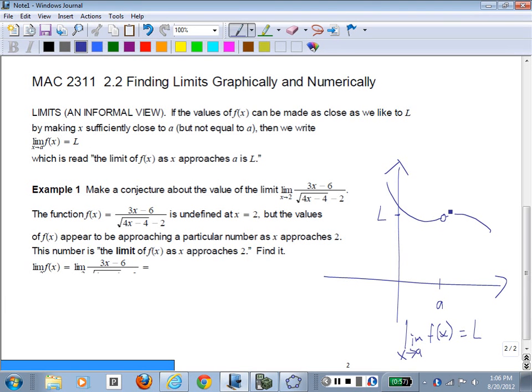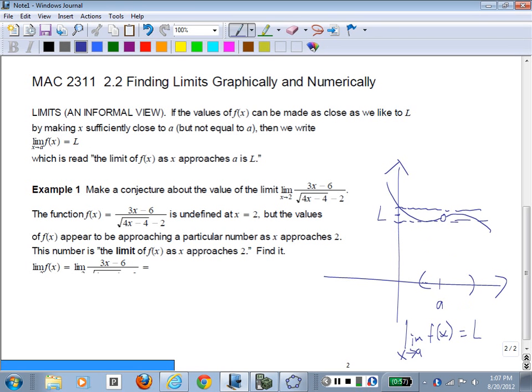This graph is kind of flat here, close to L that I've drawn. So if we wanted to ensure that we get no farther away from L than this, we don't have to be really close to a at all, because as long as x is between there and maybe all the way over there, if we evaluate the function anywhere in here, it's going to land us in between those two horizontal lines.